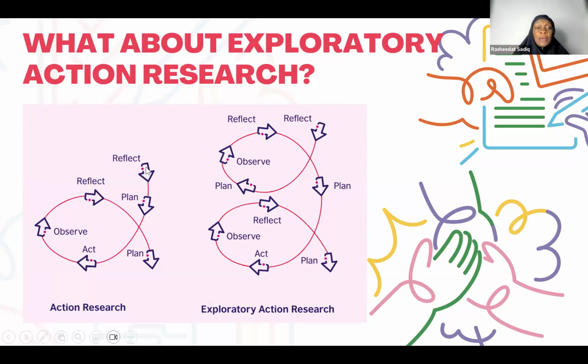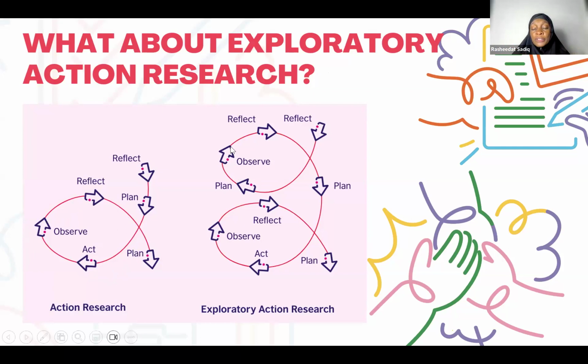So basically, with action research, you plan, you observe something, you reflect and you think about something, you plan an action, you do the action, and then you observe and you reflect. But with exploratory action research, which is the best one, you notice something, you plan an exploration. You want to find out exactly what is happening. So you don't just take an action, you find out what is happening.